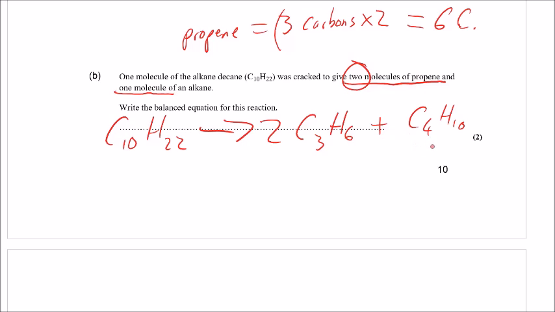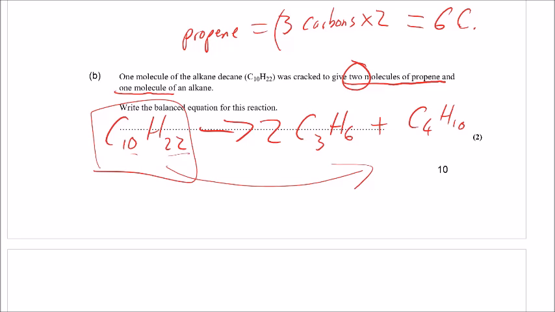And so that's C4, and then the remaining hydrogen. So we've got 2 times 6 hydrogen here, so that's 12. So I need another 10 to make it up to 22. So this molecule is being broken down. You can't have any extra carbon than C10, and we can't have any extra hydrogen than 22. So you just had to add all that up.